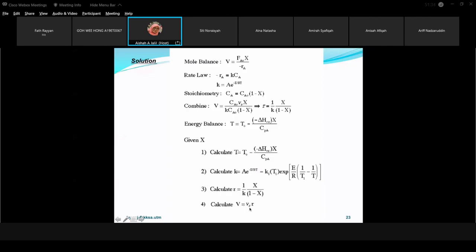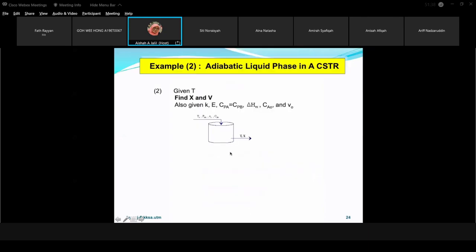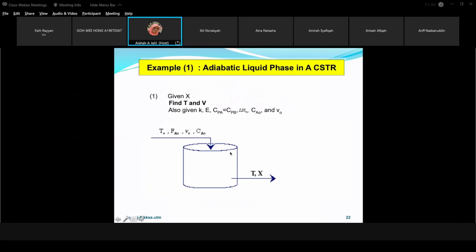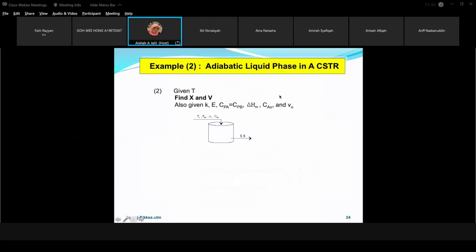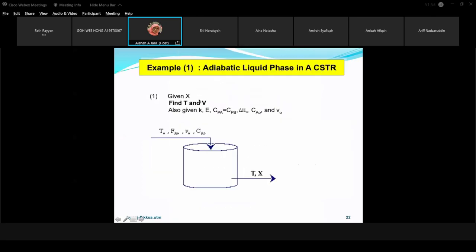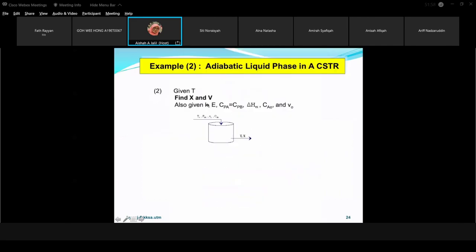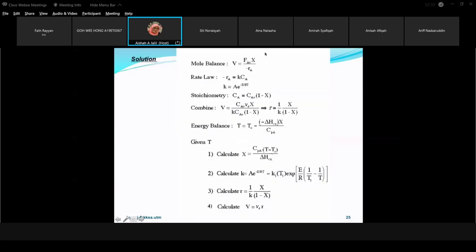Okay, this is the next example. This is adiabatic liquid phase in a CSTR. Same, but this time you find X and V. This time you find T and V, this one is X and V. All is given, and then same, you follow this one.